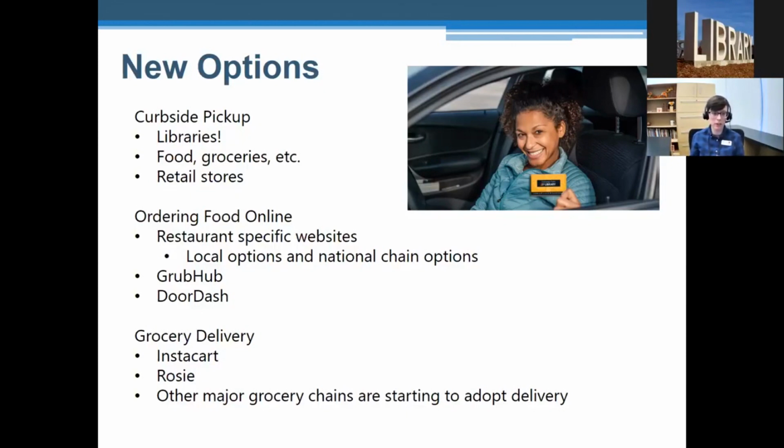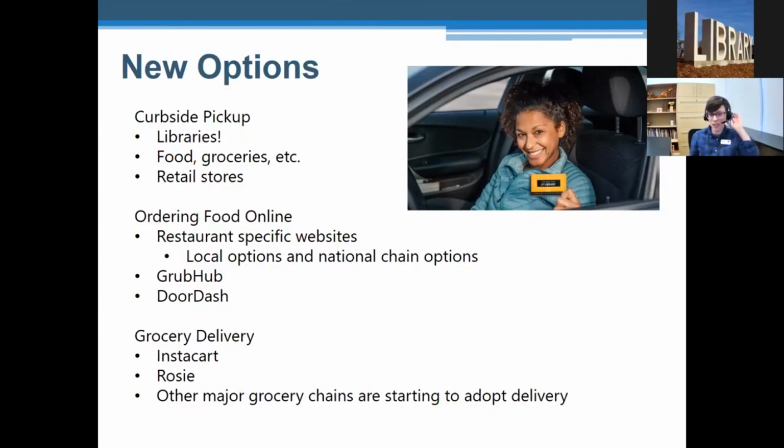And then there are things called Instacart and Rosie. Those are for grocery delivery. So if you want your groceries delivered to you instead of going into the store, Instacart's a popular one, so that you don't have to go in and do all that. They'll do it for you and then send it out. With Walmart, I think you send them your order and then you pull up to their store and they'll run it out to your car.